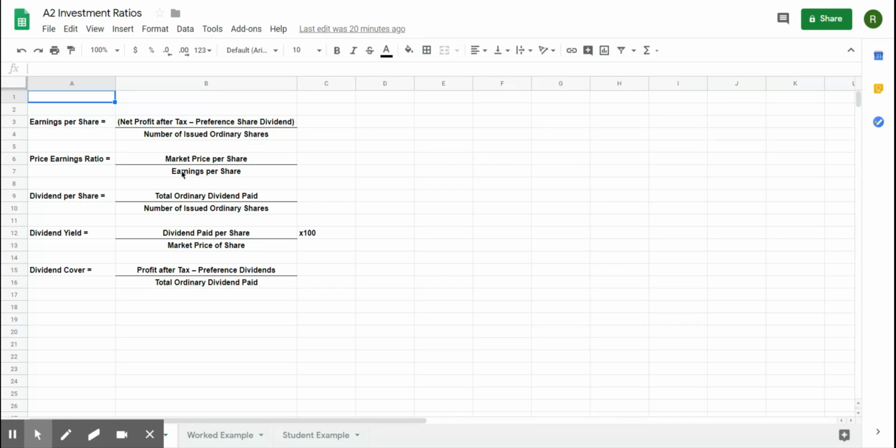And then the final one is dividend cover. Dividend cover is the profit after tax minus the preference dividends, so the total amount that in theory the company has earned, compared to its dividends that year, divided by the total ordinary dividend paid. And that would normally be a figure greater than 1, because companies are going to retain some profit for reinvestment to hopefully make more profit in the future.